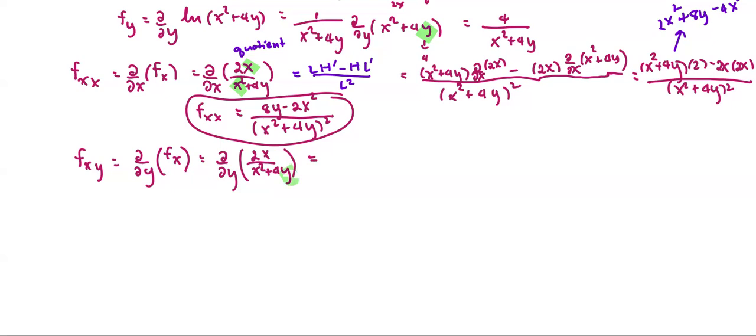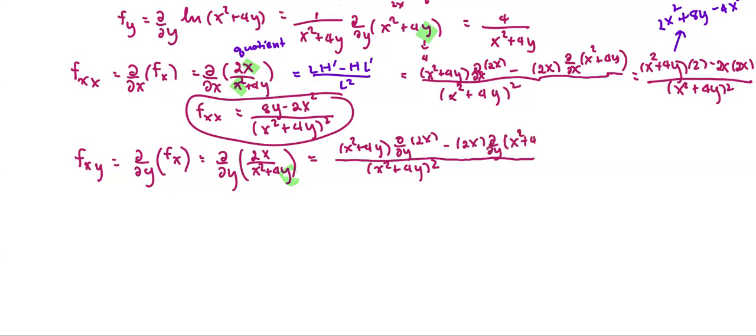Now we do low D high minus high D low, draw the line, low squared. Low squared is the quantity x squared plus 4y, squared. The low is x squared plus 4y. D high means the partial with respect to y of 2x, minus the high, which is 2x, multiplied by the partial with respect to y of x squared plus 4y.